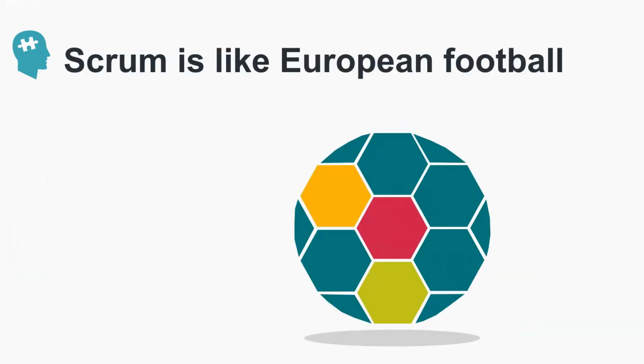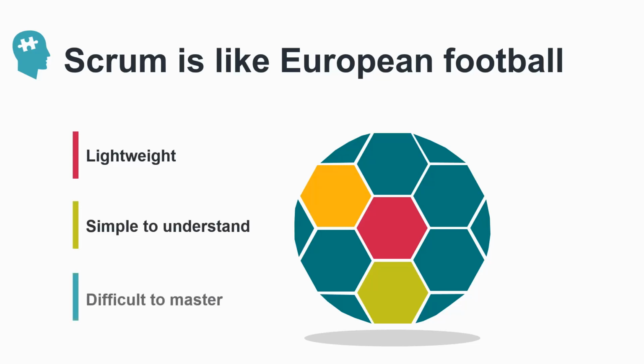To make it more clear to you about the framework stuff, I came up with this comparison to European football, aka soccer. So Scrum is like European football. It's lightweight, simple to understand, and it's difficult to master. So basically, you can play football anywhere you want as long as you have this minimum set of key elements like field, goals, ball, and players.